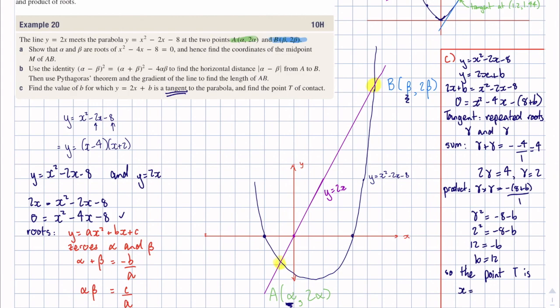X equals gamma, which is 2. Y equals, well, we've got 2 squared take 2 times 2 take 8, which is negative 8. So T is the point 2 comma negative 8.